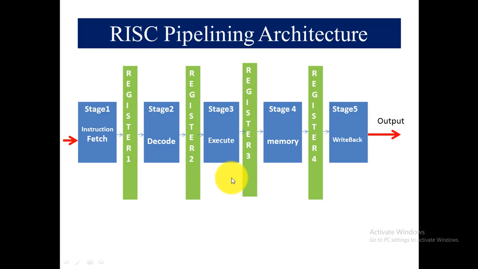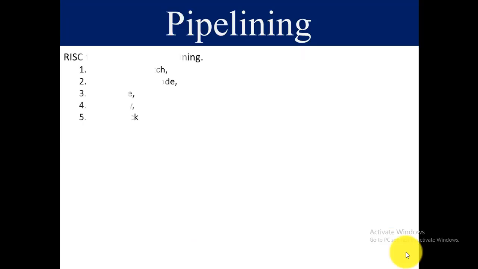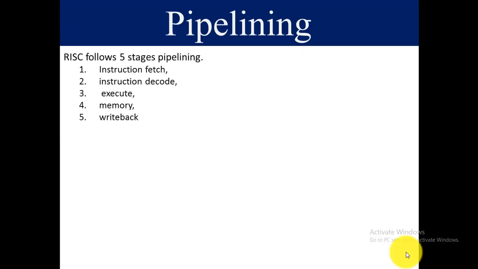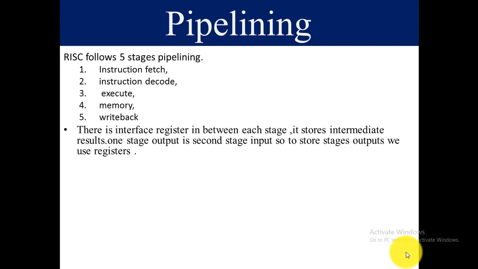But all these registers are connected through a clock, because it is necessary to save the execution time of each instruction. So in short, RISC has 5 stages of pipelining. The first stage is instruction fetch, the second is instruction decode, third is execute, fourth is memory, and the fifth one is write back.